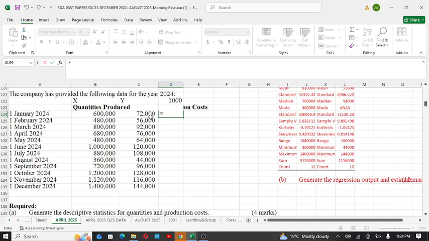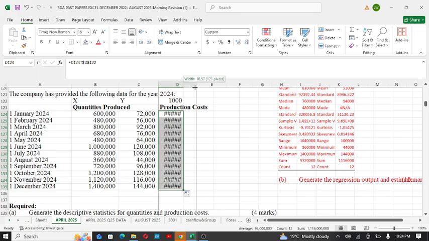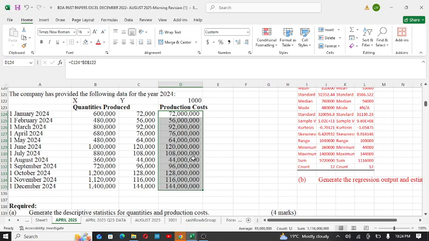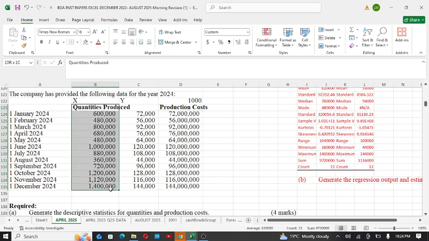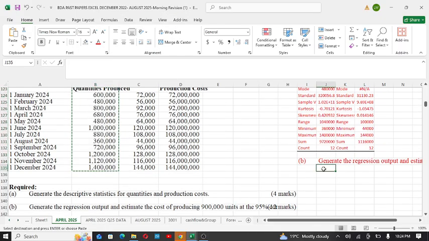And if you discovered the error and corrected it, because it was supposed to be 1000, you could still score the whole mark. So let's do it in the correct way, because maybe next time you might be asked. You can just copy this one and then paste it here.